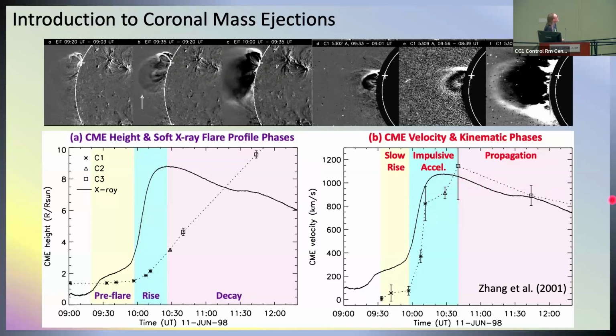And then it more or less trails off. It either stays the same or trails off. So you'd say this is the impulsive acceleration phase, and then there's a constant velocity propagation phase.